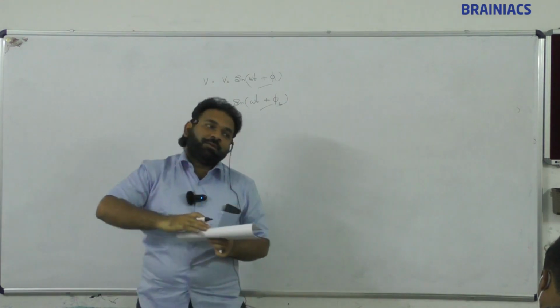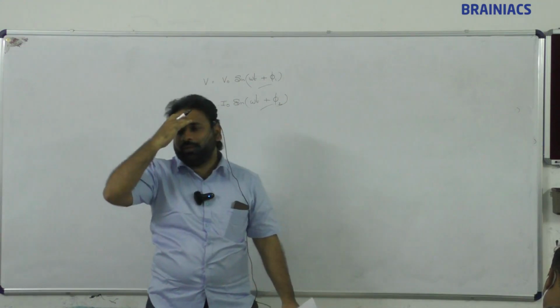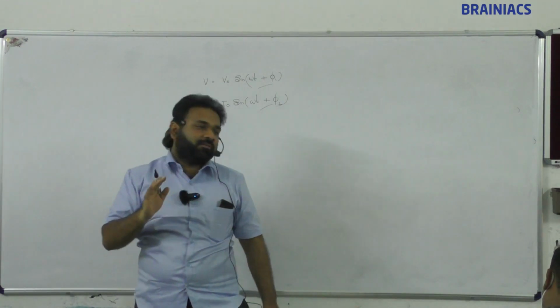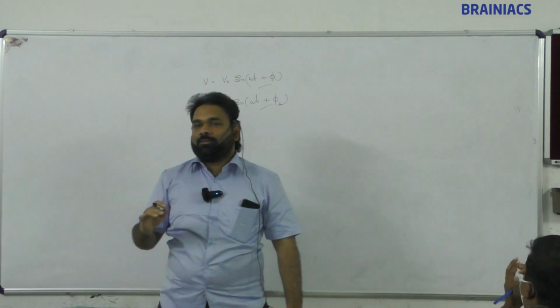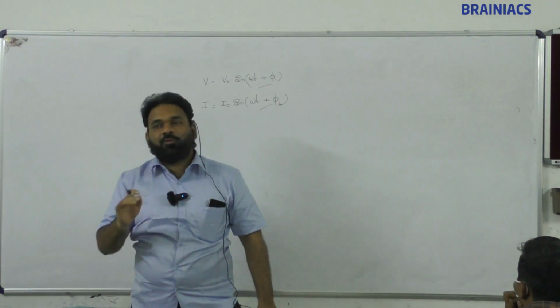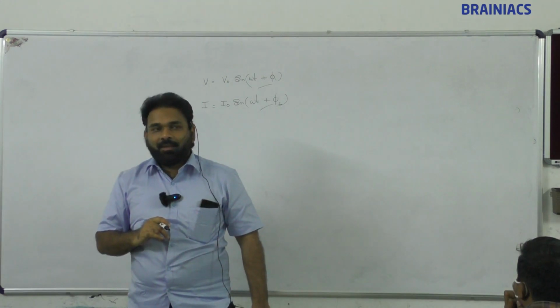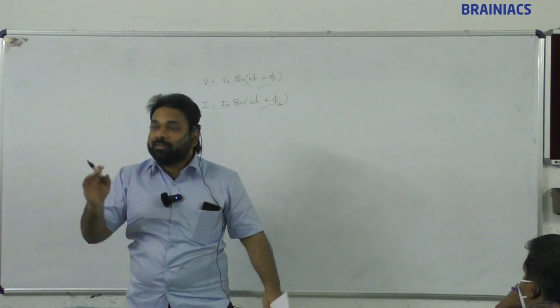It will take a lot of time and it is very difficult also. If we do it, things will go wrong. Fortunately, if we consider current and voltage as vectors and solve, we get the same result.